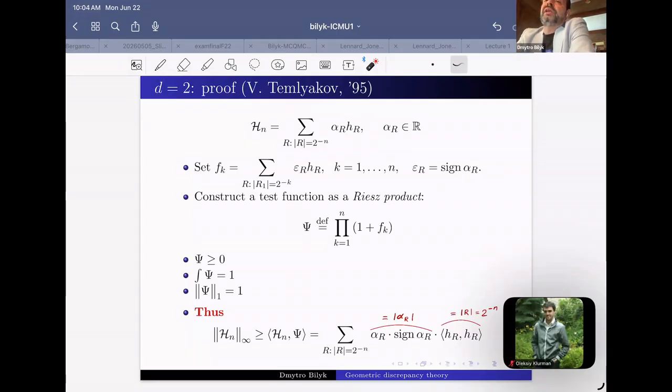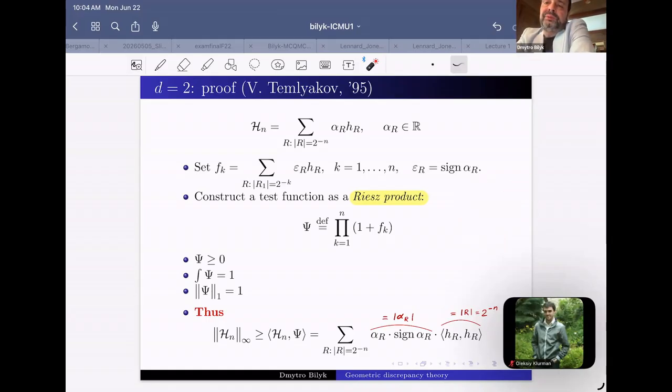So we want to construct an L1 function, and we construct it in the form of the so-called Riesz product. So here's what I do. I take these functions fk. These correspond to different shapes. So you have this side is 2 to the negative k, this side is 2 to the minus n minus k.